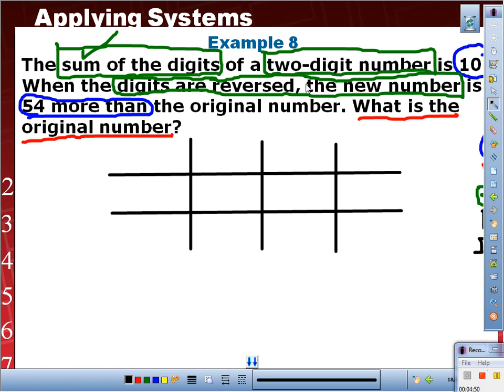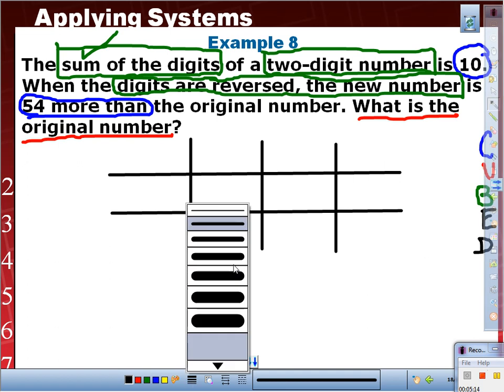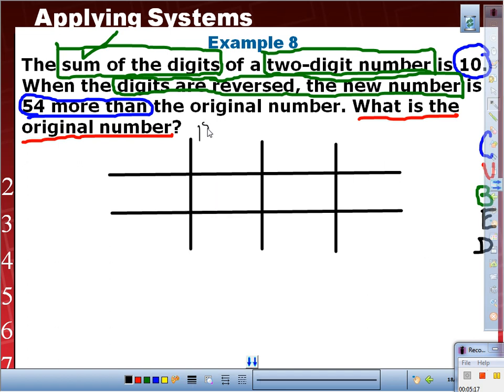So it's talking about one number, and it's a 2-digit number. How many digits? 2. That's why my columns, I'm going to start by labeling first digit, and second digit.